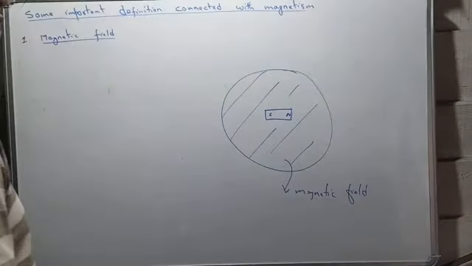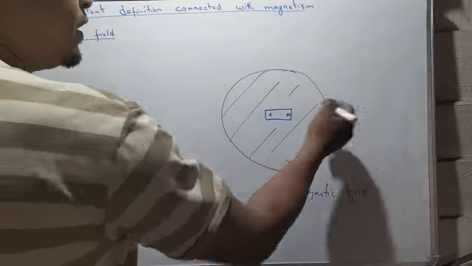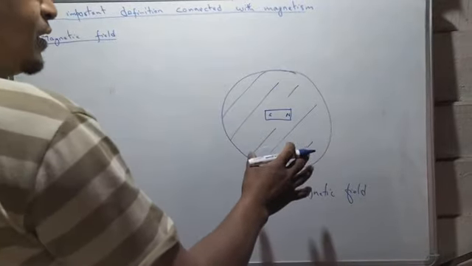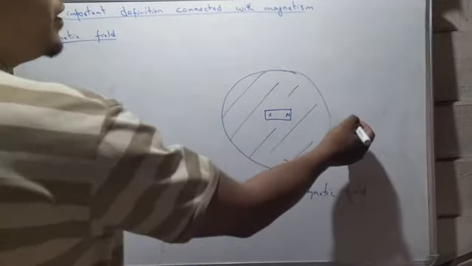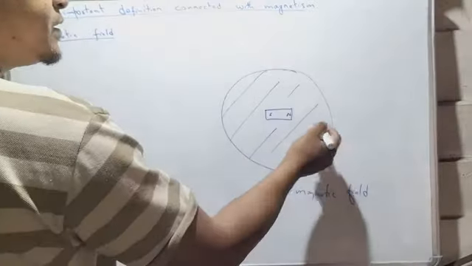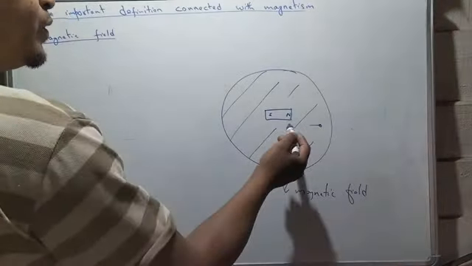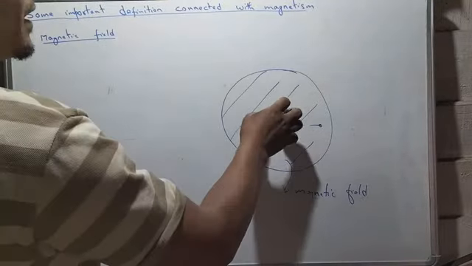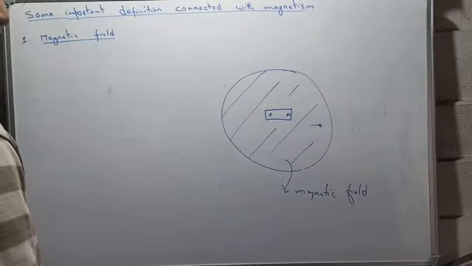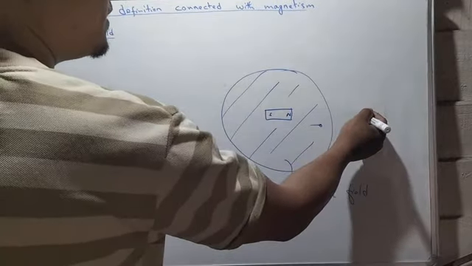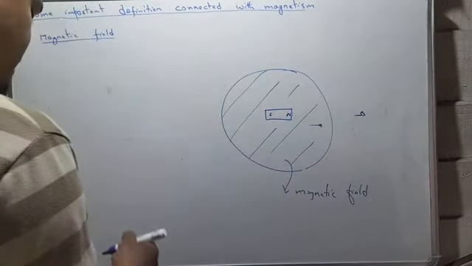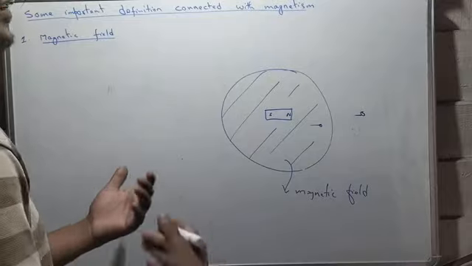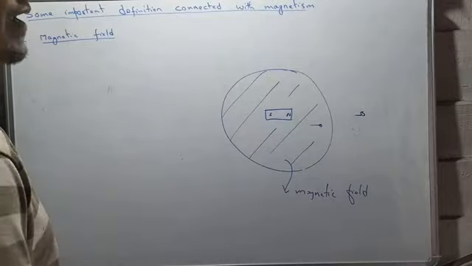Why do I call it a magnetic field? Because any magnetic material, when it comes inside this space, experiences the influence of this magnet. But if any magnetic material is outside this region, then it will not experience the influence of the magnet.